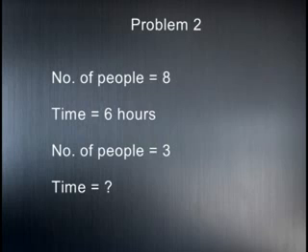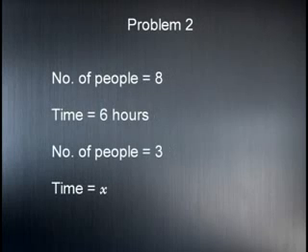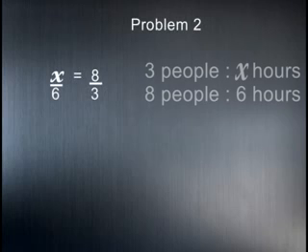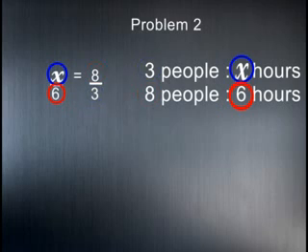To solve the second problem, we make the time x now. We will then have x divided by 6 equal to 8 divided by 3. Did you notice that we inverted the 8 divided by 3? We do this because we are calculating indirect proportion.